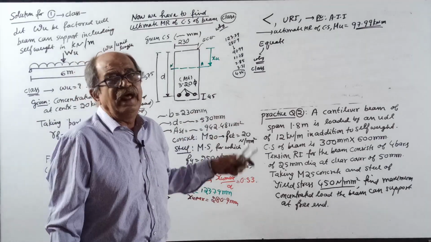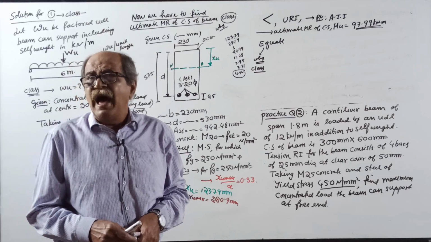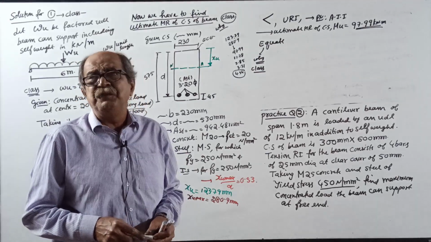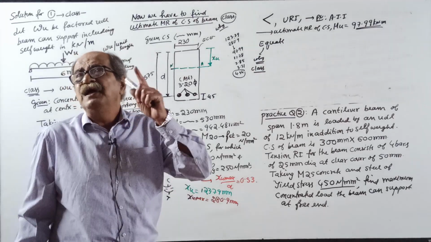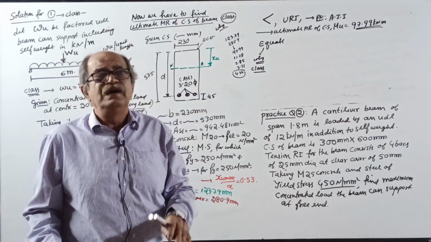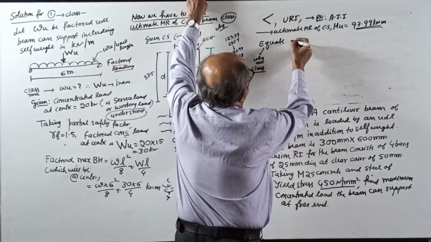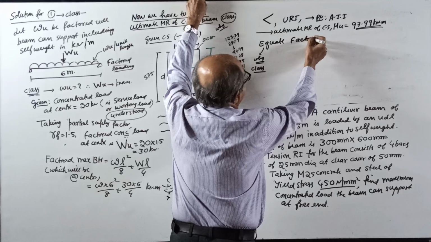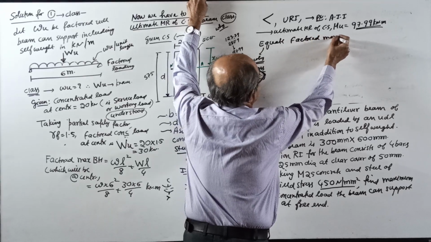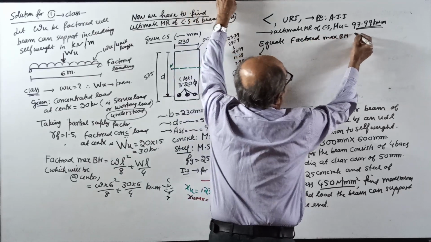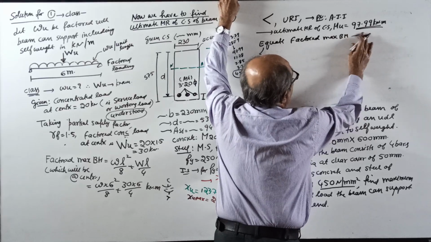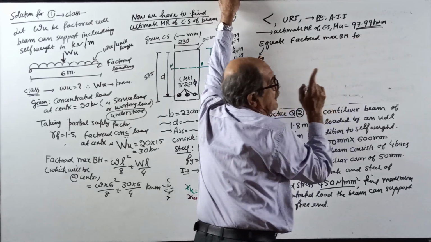Whenever an unknown is there, or whenever they ask the maximum load a beam can support etc., you should equate the maximum BM to MR. So that's all. Equate the factored maximum BM to the MR; don't put equal. Once you write equate, you should not write equal.